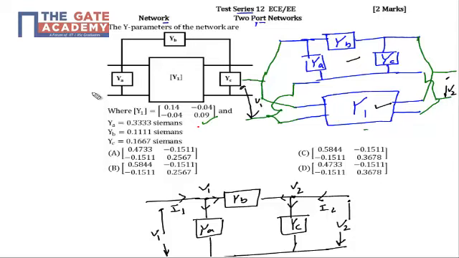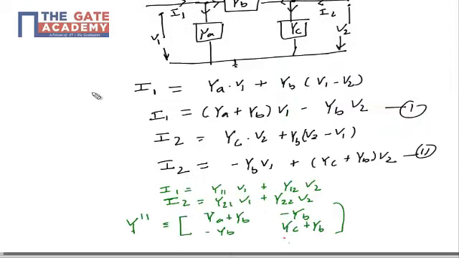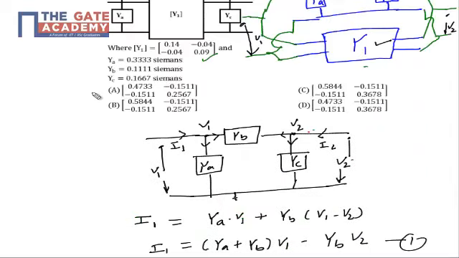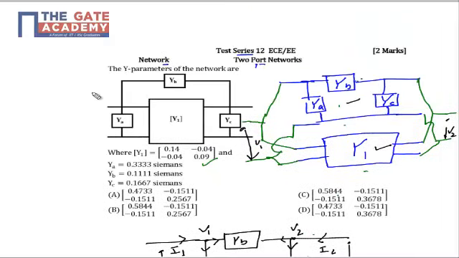We already know the values of YA, YB, YC, which are given in the problem, and we know the Y parameters of the second network in terms of YA, YB, and YC. So I just simply put in the values of YA, YB, YC, and I will know the Y parameters of this pi network.